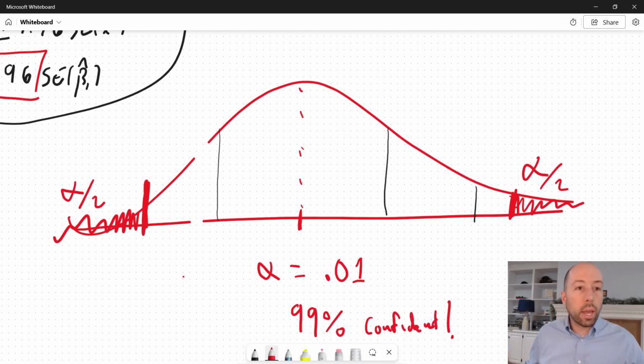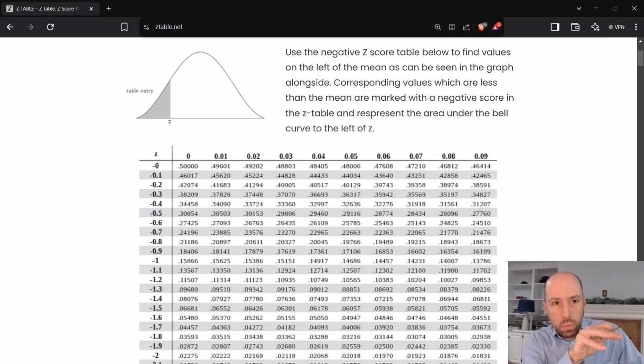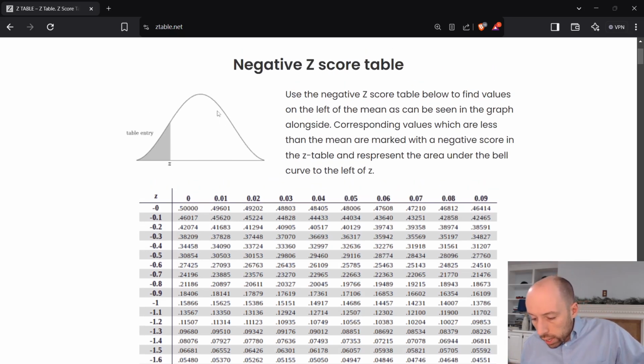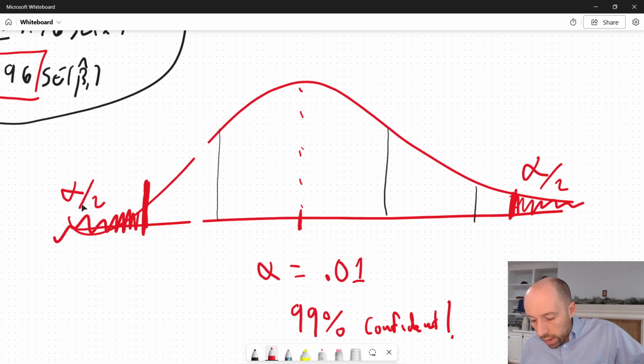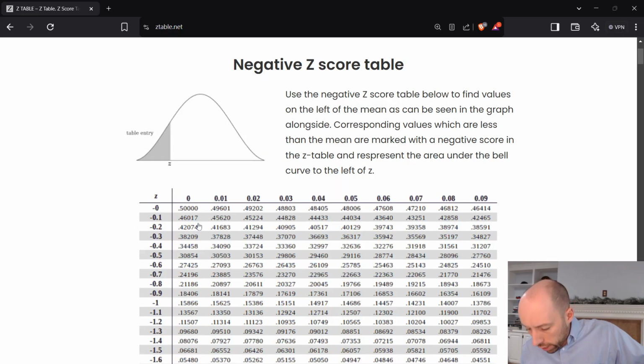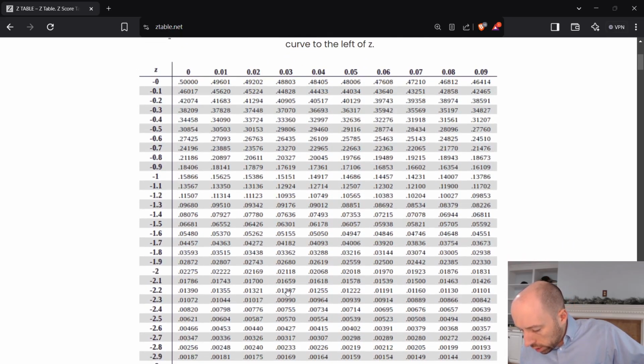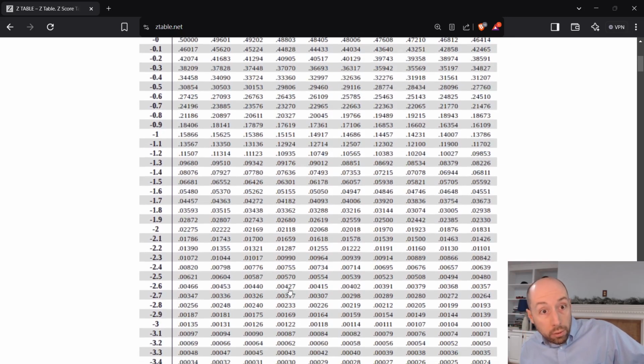Okay, well, let's find a number that'll do that. I need to find a number that leaves only 0.5% in the left tail. Can I find such a number? Well, each of these z-scores corresponds to that integral in the left tail. I want 0.5% over here, so let me find a number down here that looks like 0.005.